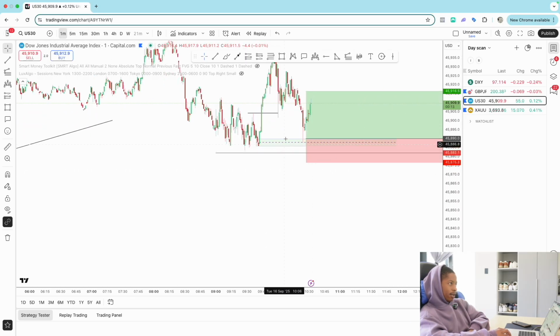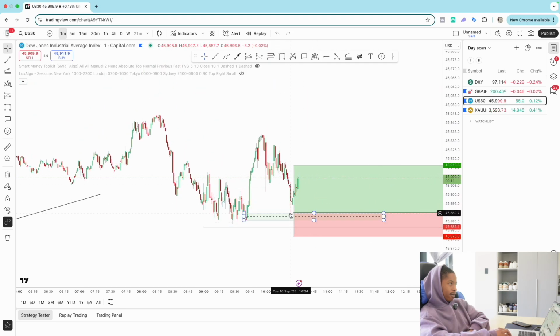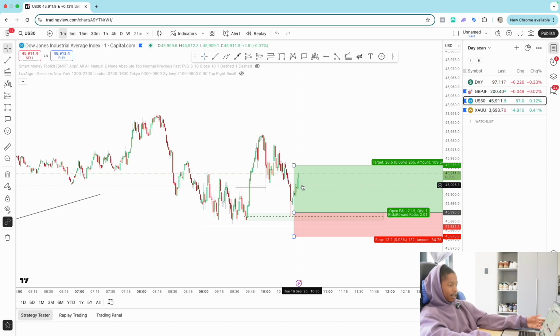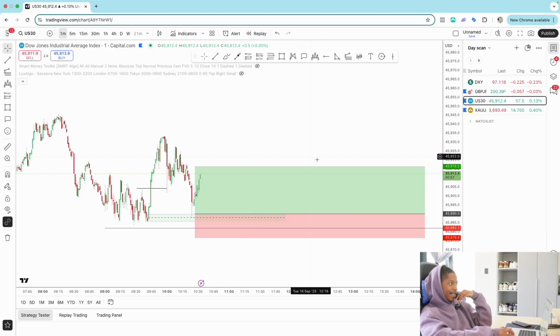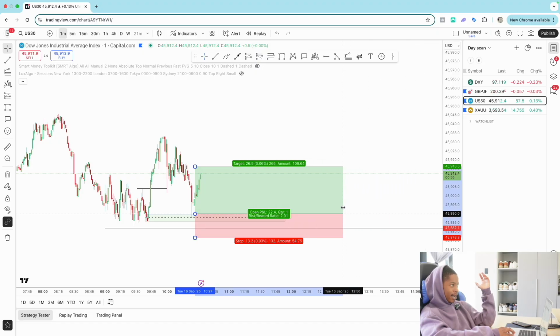But look at this, man. This activated. It's now going to hit take profit. Like this would have been a nice clean 2% done. But it just didn't activate us. I don't know why.